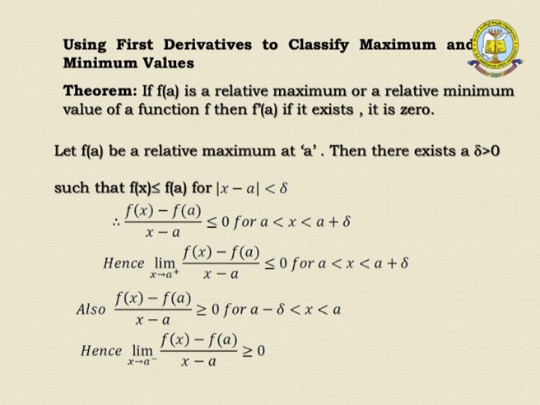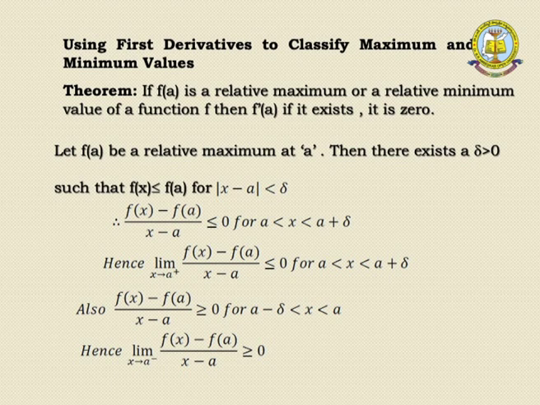If f of a is a relative maximum or a relative minimum value of a function f, then f dash a, if it exists, is 0. That means f of a is either a maximum value or a minimum value, its first derivative exists and it is 0. How do you prove this?